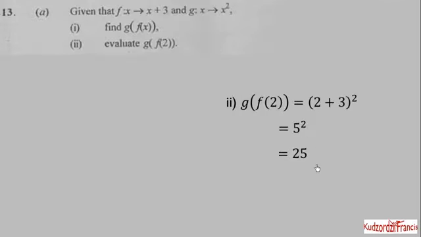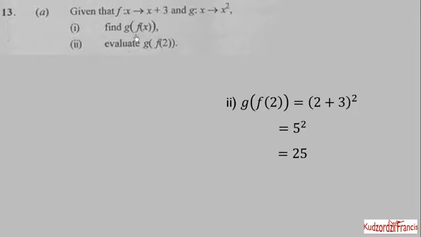So we're told that f is such that x maps onto x plus 3, and g is such that x maps onto x squared.